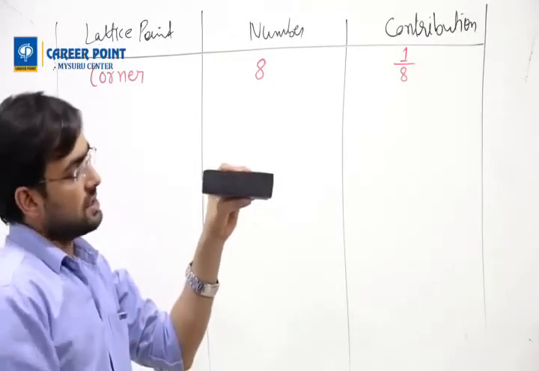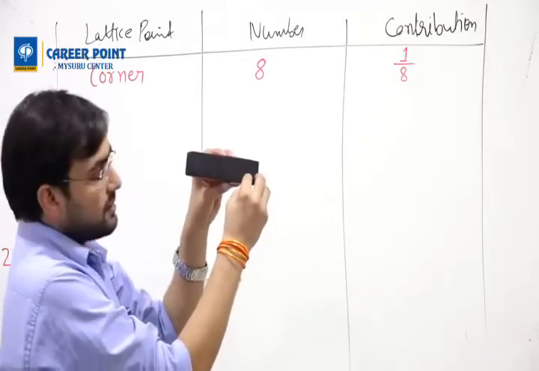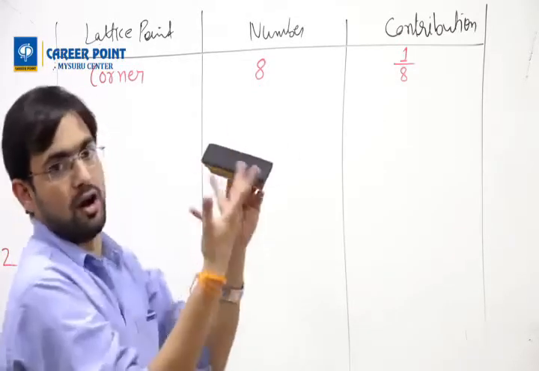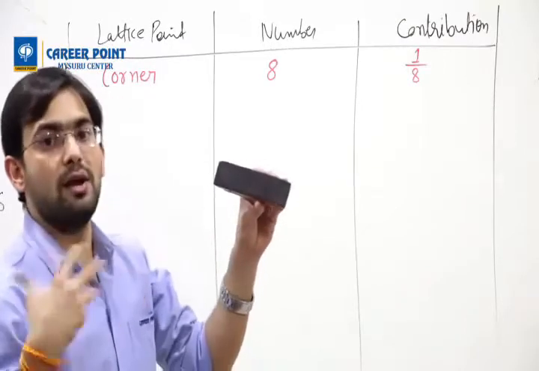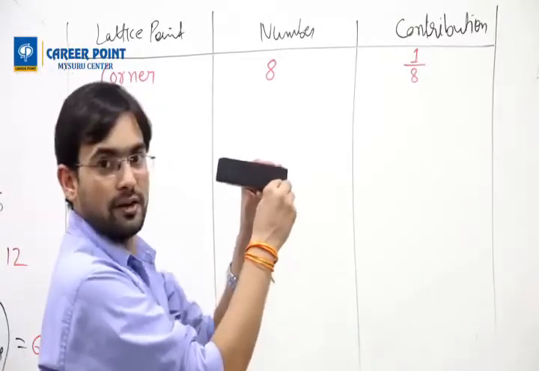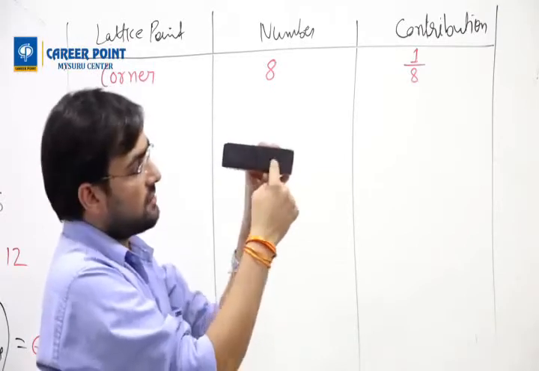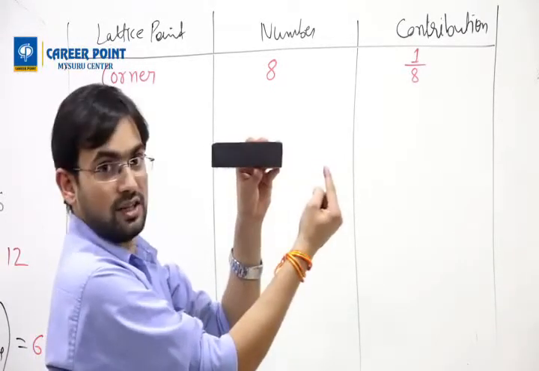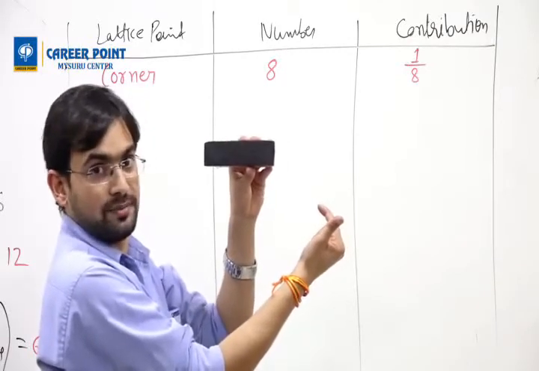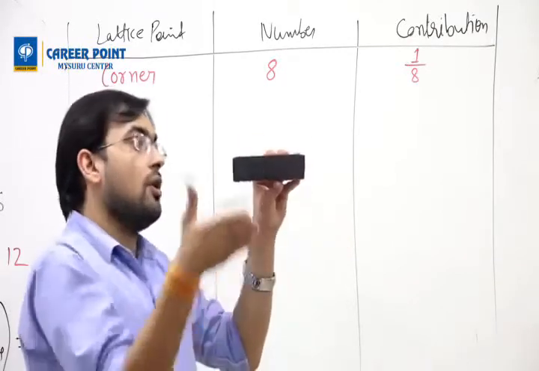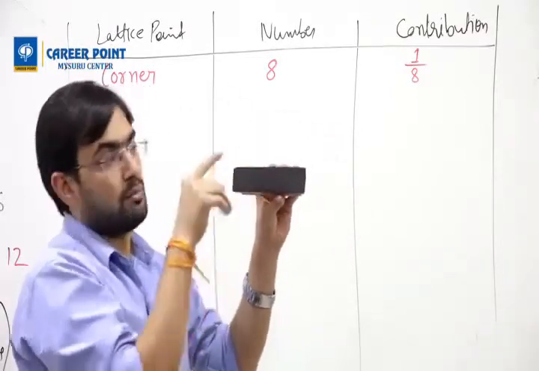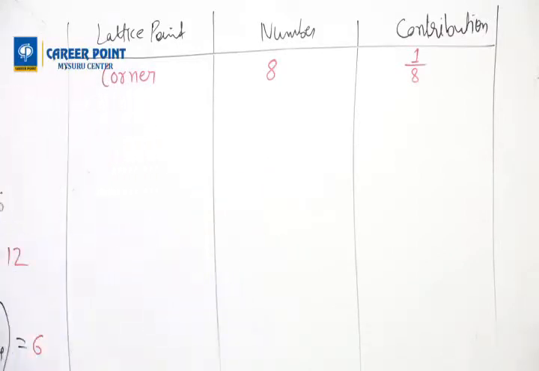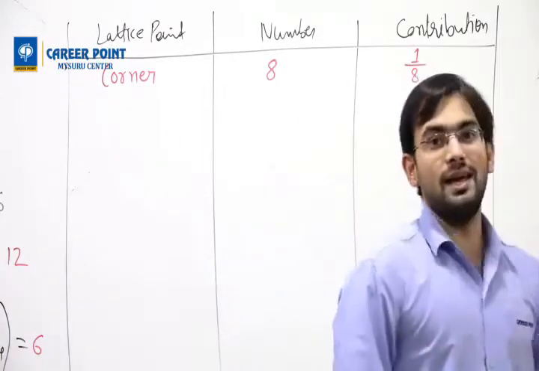If you keep an atom here, because all corners will be occupied by atoms, that atom is present in how many cubes? If you keep a ball here, that ball will come in this cube, in another cube here, in the adjacent cube, and in the one below the adjacent cube. Then one more layer will come, in the same way with 4 cubes also, and the ball will come in those 4 cubes too. So in total, how many places is the ball coming? 8 places. That's why the contribution is 1 by 8.